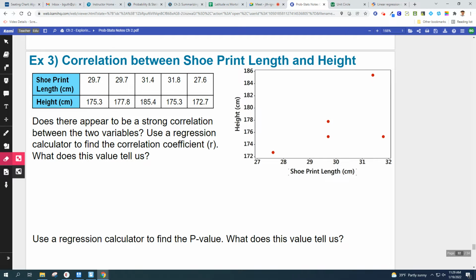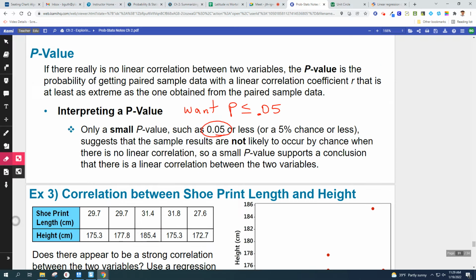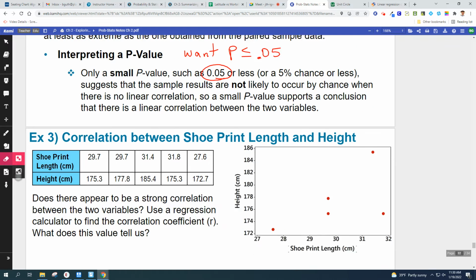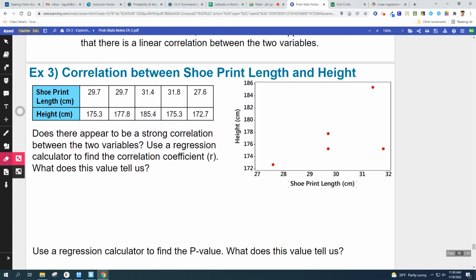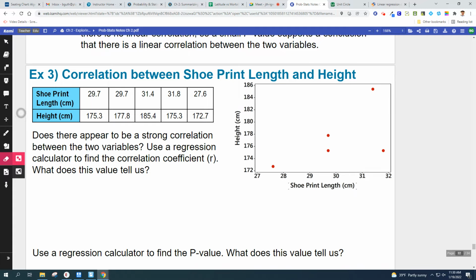So is it possible that I randomly put 5 dots and it shows me a positive correlation? Well, this p number is going to tell me if it could have happened by random chance or not. If that p-value is less than 5%, it wasn't random. It's not a coincidence, and that tells me that there's a linear correlation.